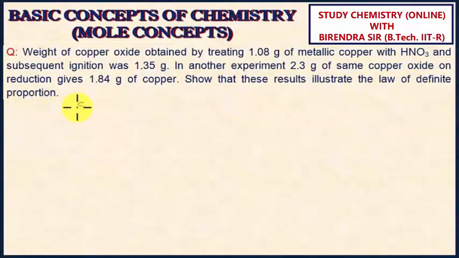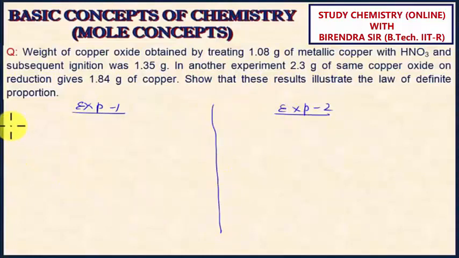So there are two experiments here. Experiment 1, experiment 2. In the first experiment, copper is reacted with HNO3, then further it is heated, and this way we get copper oxide.